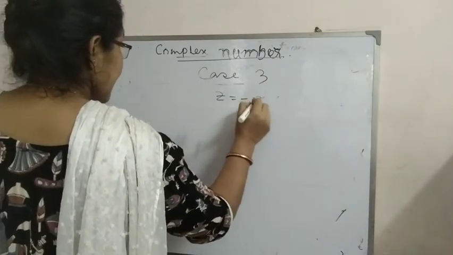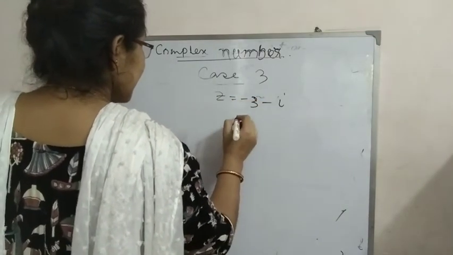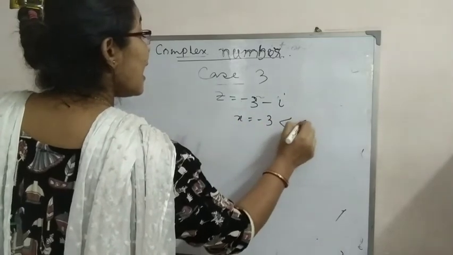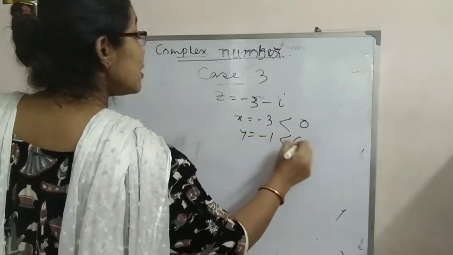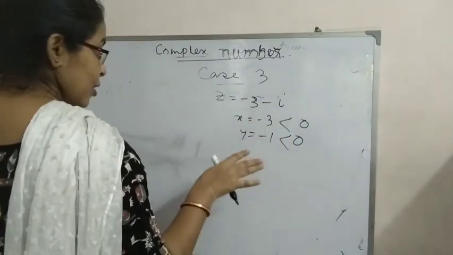Z equals minus 3 minus i. Here x equals minus 3 and y equals minus 1. So this point lies in the third quadrant.